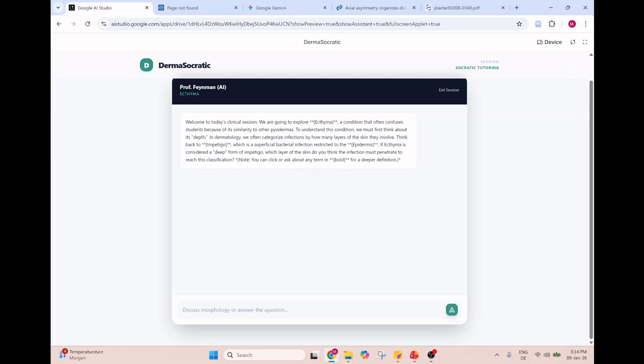Okay, so the bold one doesn't really work here, but I can ask about this for a definition. So I would say it must penetrate the dermis would be my guess.